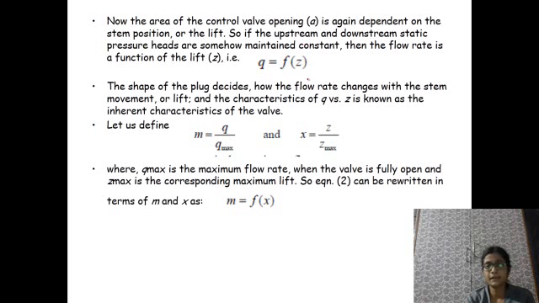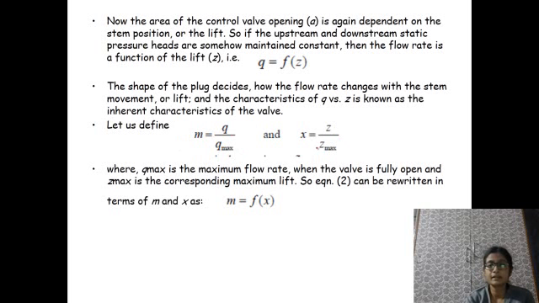The shape of the plug decides how the flow rate changes with the stem movement or lift. So the characteristic Q versus Z is known as the inherent characteristics of the valve. So let us define M as the ratio of Q by Q max and X as Z by Z max, where Q max is the maximum flow rate, meaning when the valve is at full open position, and Z max is the corresponding lift position.